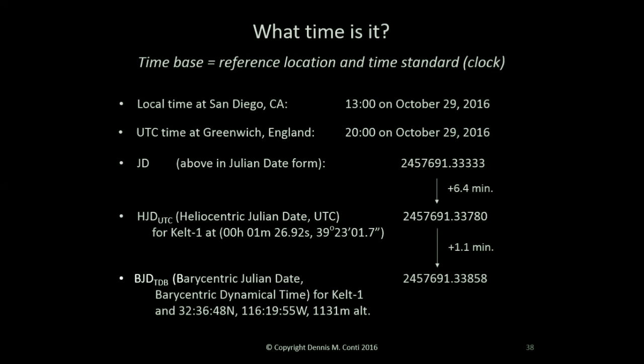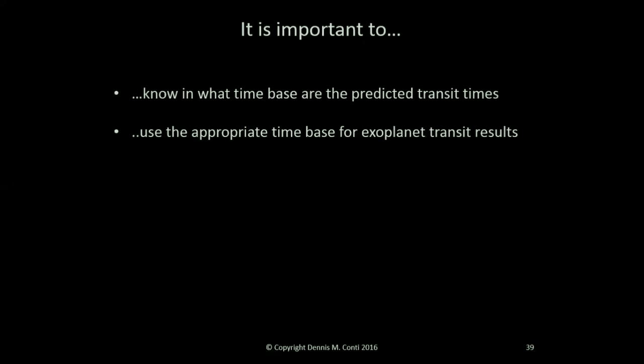So the point of all of this is that it's important to know what time base we're using for the predictions that we're trying to obtain of our transits, and also in terms of recording our results. We want to make sure that we're using the appropriate time base.